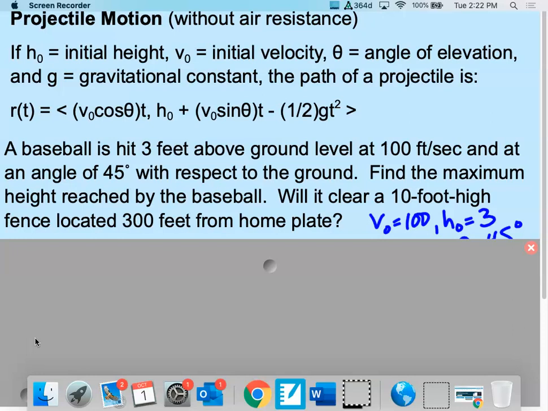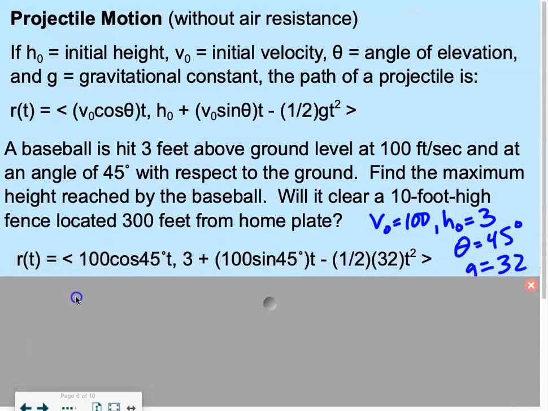We're in feet, so negative 32 feet per second squared. Once you plug all that in, you get this for your r of t. Now you can clean it up because you know the cosine of 45 and you know the sine of 45.